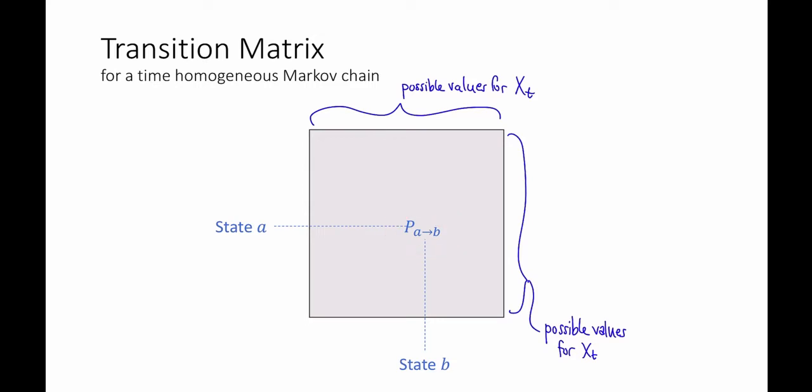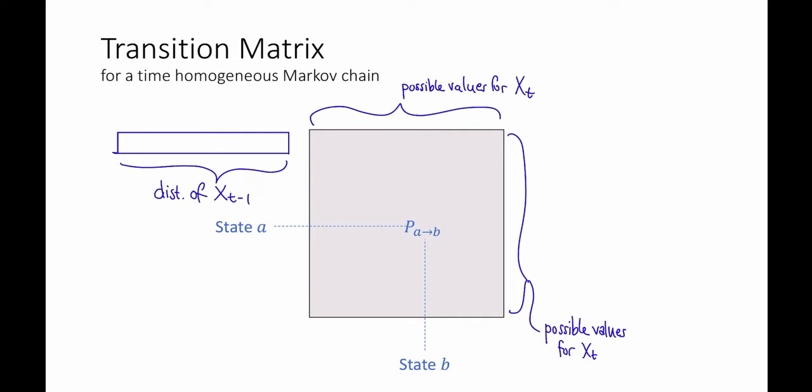A transition matrix is a convenient representation for a Markov chain since it allows us to write the distribution of xt in terms of the distribution of xt minus 1. More precisely, we can write the distribution of xt minus 1 as a vector. So let's do that here.